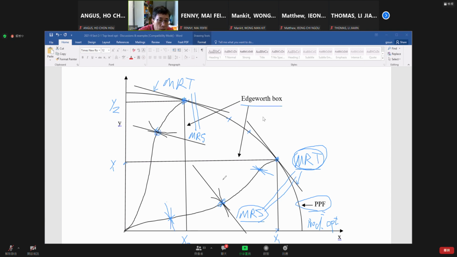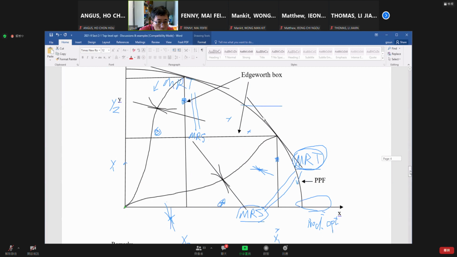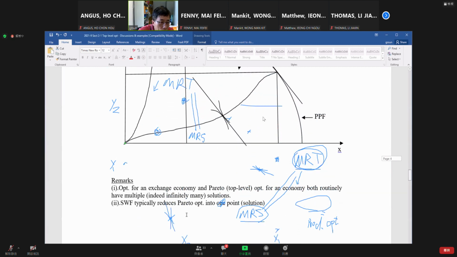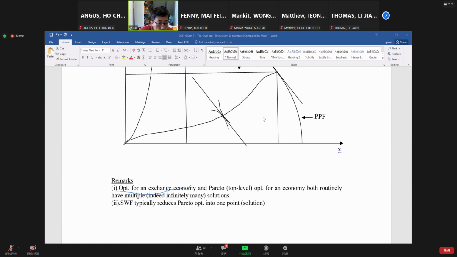So in general, you can easily understand this sentence: optimal for the exchange economy usually has multiple solutions.